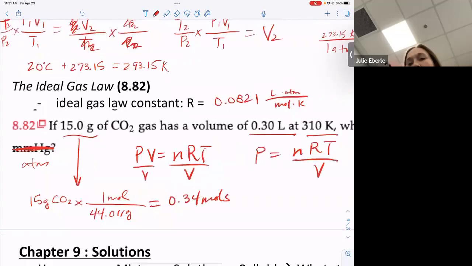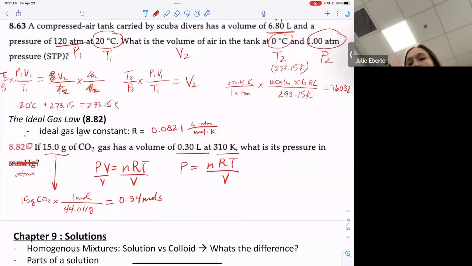Moles. So now that we have moles, which is our variable n for the number of moles, we can plug everything in, and our units are good on everything else. Volume is in liters, temperature is in Kelvin. You want to check those things. Now we just plug it all in.